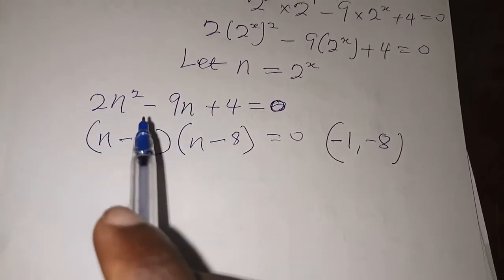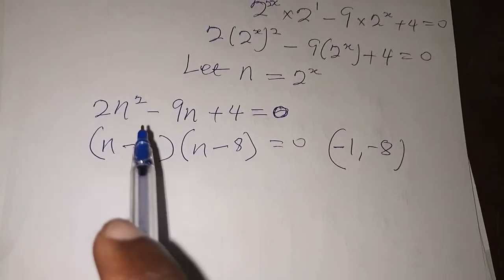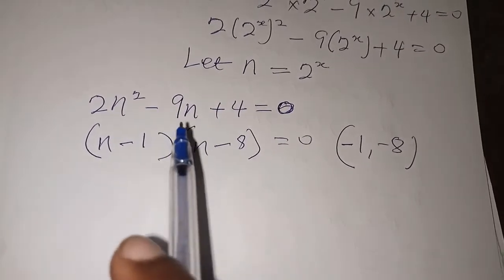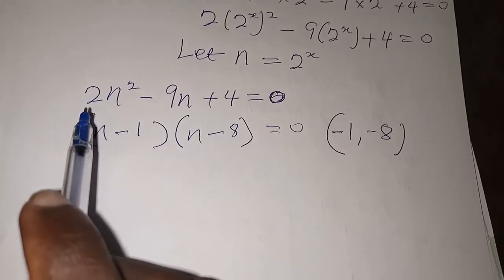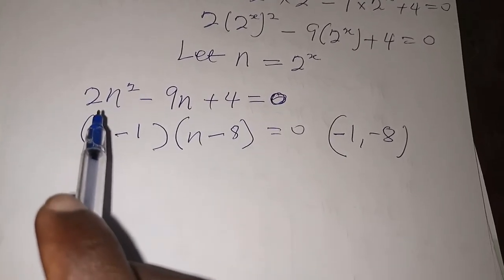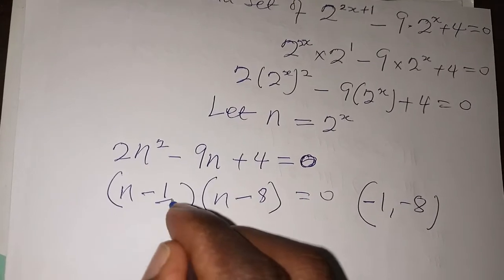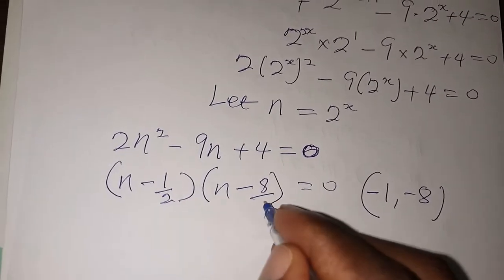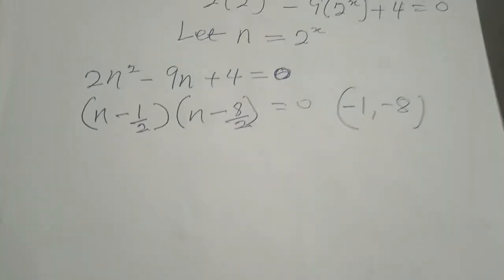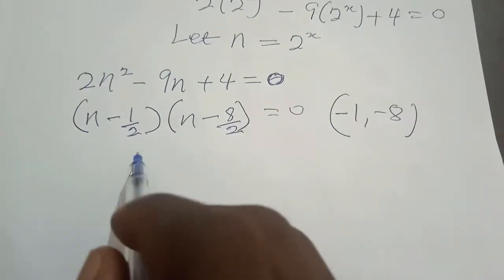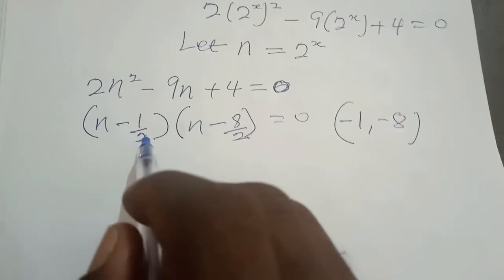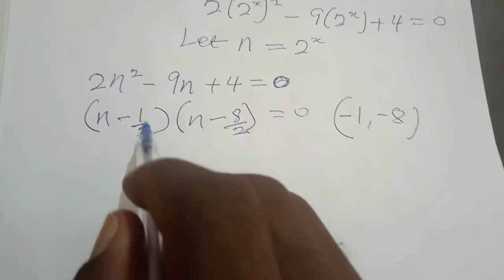So we are going to divide both sides by our a, only the constant side by our a. So this will be over 2, and this one too over 2. Here, I don't want to write a fraction because 1 over 2 is a fraction.